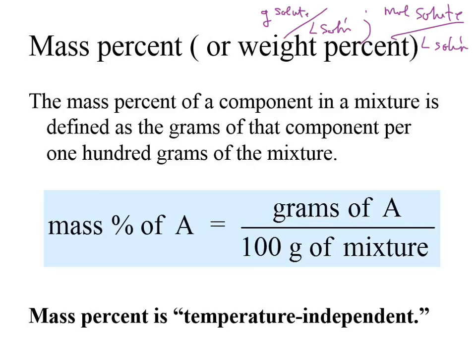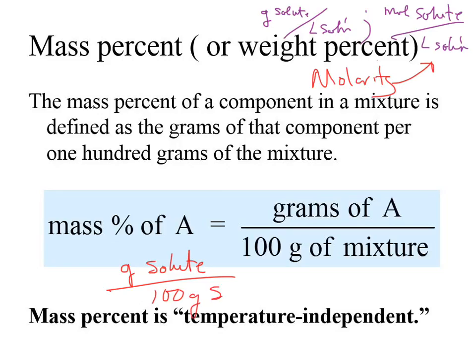Of course, that last one's got the fancy name, molarity. And the last one I said was weight percent. So you can say how concentrated a solution is by saying grams of solute per 100 grams of solution.